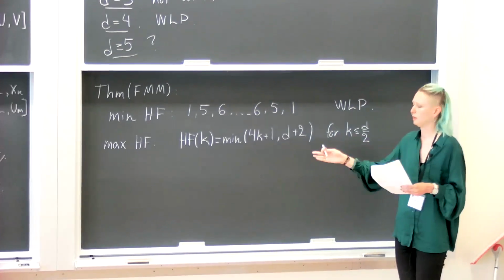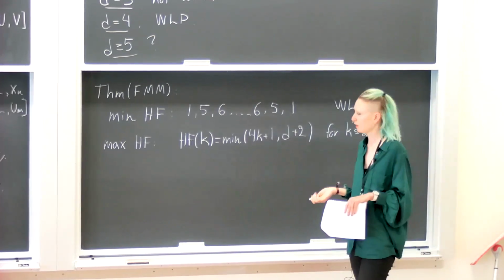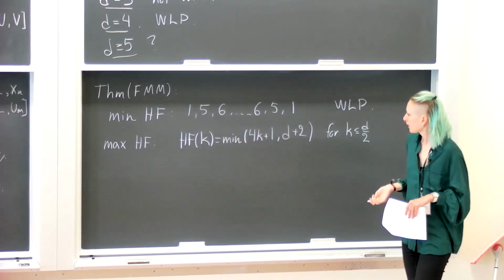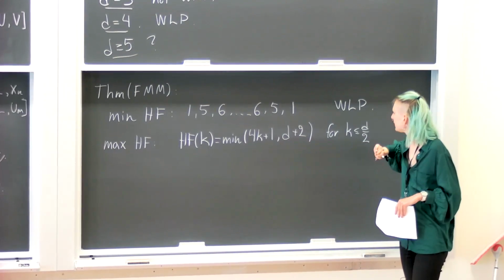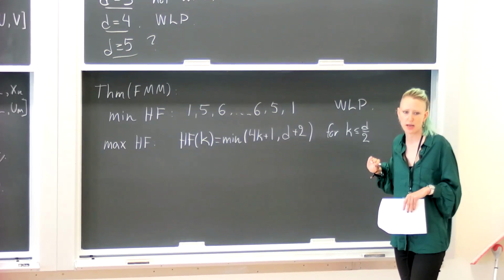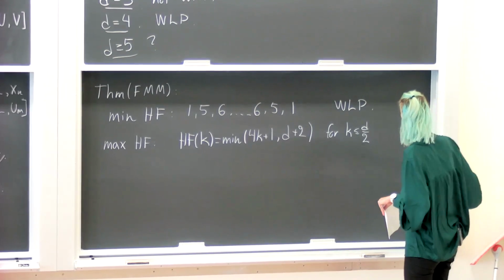And then after the middle, it's given by the symmetry. So you're not allowed to go higher than D plus 2. And in this case, the algebra does not have the weak Lefschetz property.